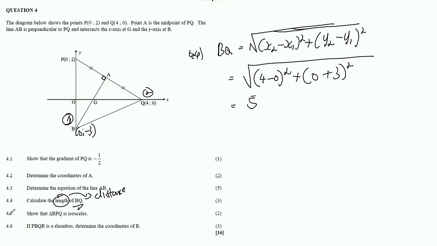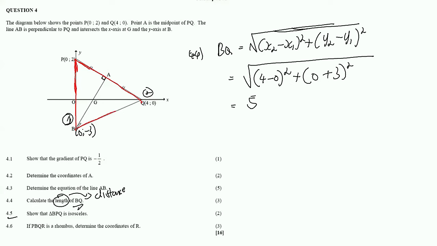And then 4.5 says, show that triangle BPQ is an isosceles triangle. So BPQ, right? Let me just highlight that so that we can all see it. It says prove that it is an isosceles triangle. Now, what do we know about an isosceles triangle?